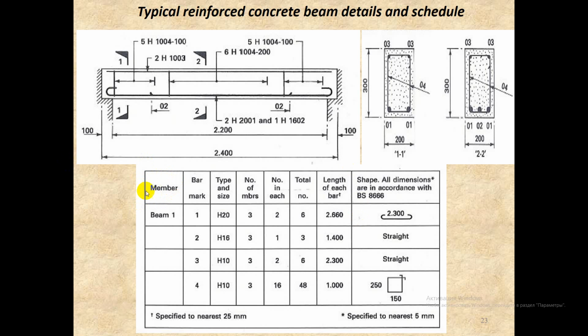Here you can see a member, beam 1. Beam 1 includes bar marks 1, 2, 3, 4.